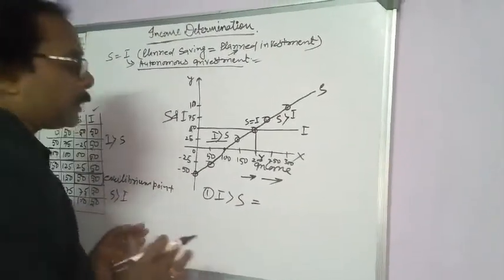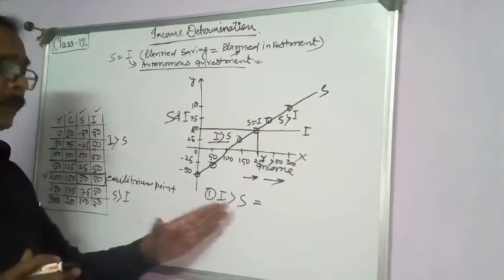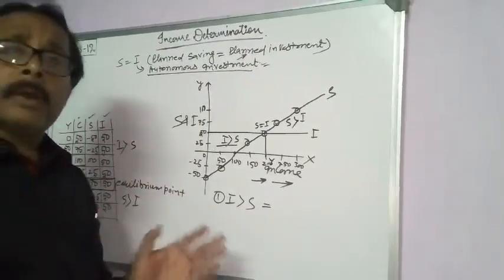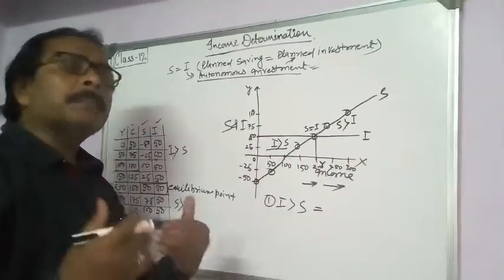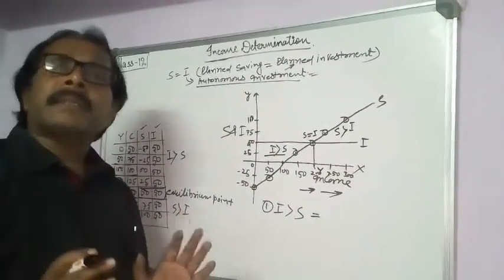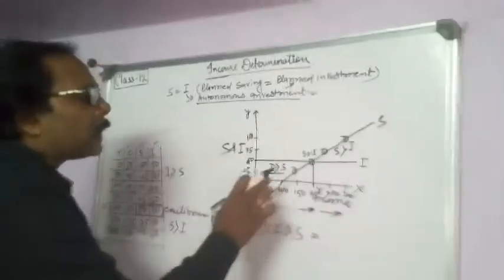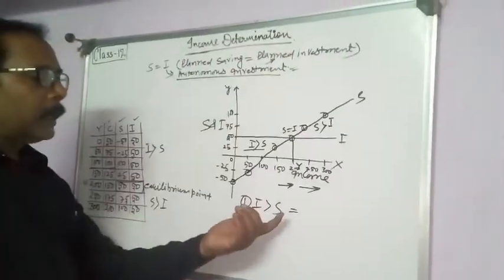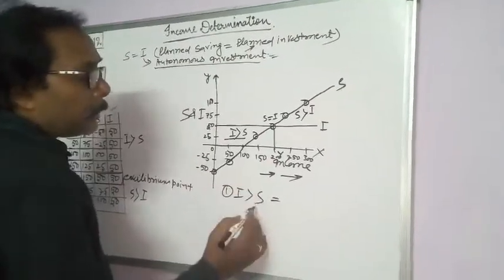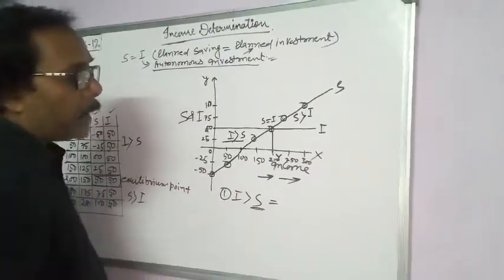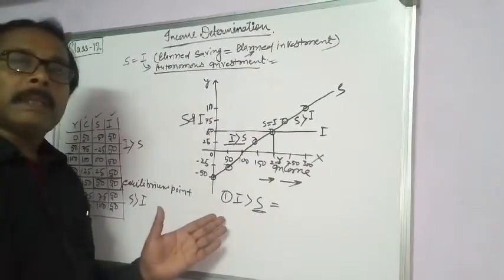In other words, all the firms and households are spending their money and their saving is low, and that's why the saving line is below the investment line. So here the consumption level is very high, and due to that the saving is less.